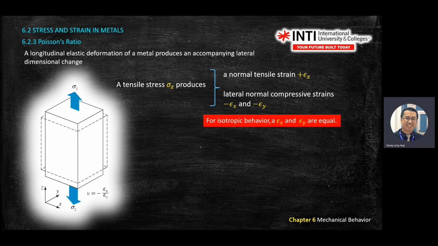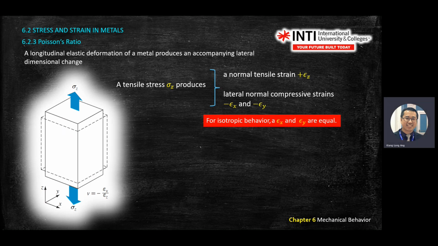So take note of the word isotropic. Isotropic means your elongation or deformation at your X and Y will be the same. This word will appear in your assessment.